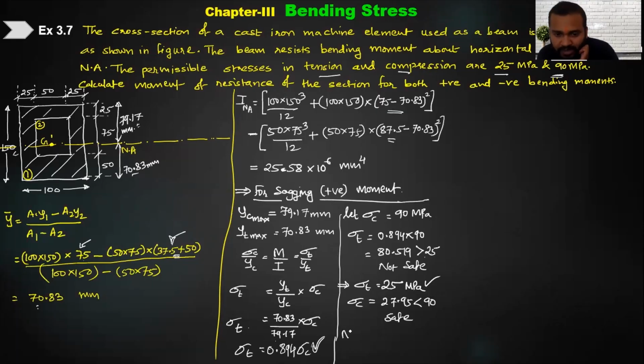So what is my bending moment? My bending moment now will be equal to sigma by y into I. Now whether you take sigma c or sigma t, if you take sigma c take yc, if sigma t take yt, whatever you want to take, multiply with inertia and get the moment value. Give me the moment value here.